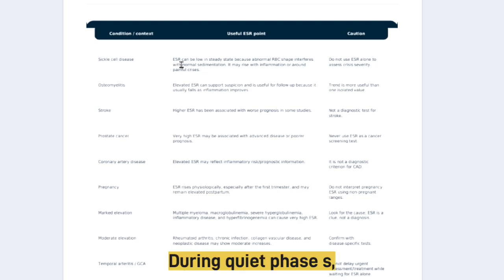During the quiet phase, ESR may be low, but it may rise sometimes before or around painful crises, painful abdominal crisis, painful bone marrow crisis.